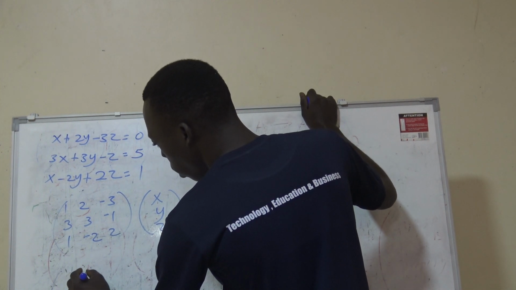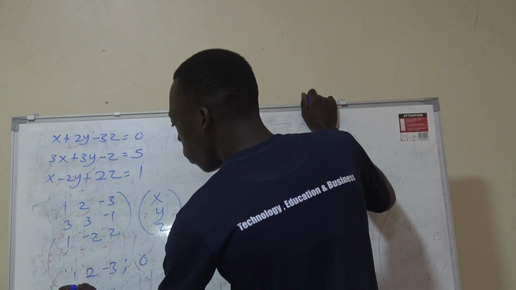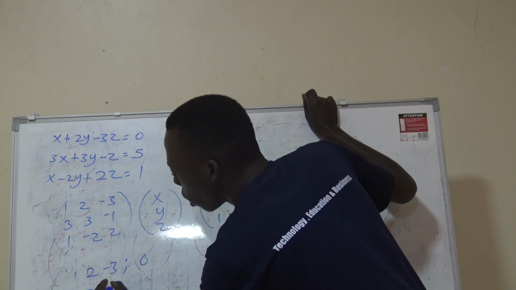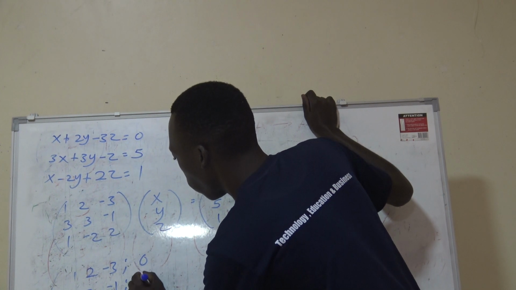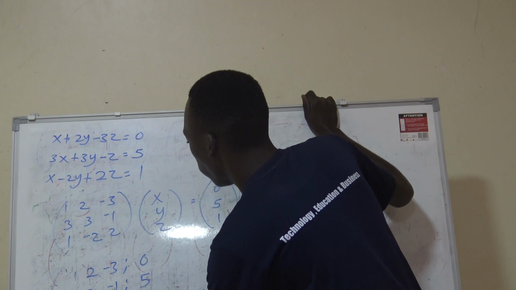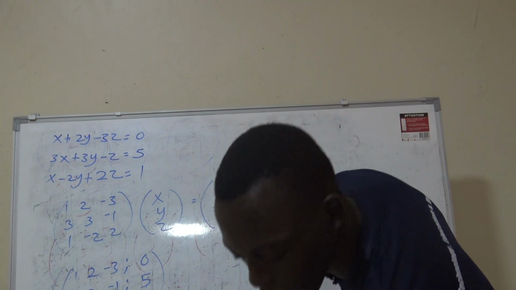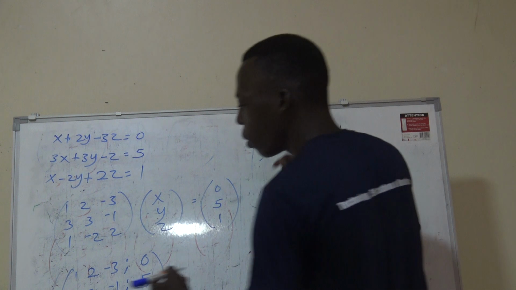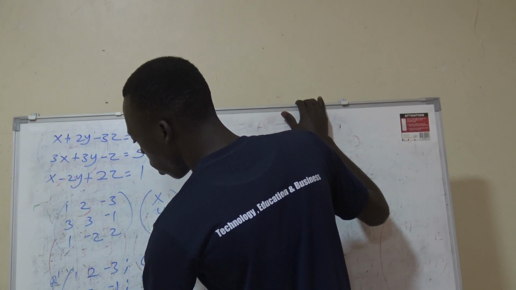Which is 1, 2, negative 3, then 0. Then this one is 3, 3, negative 1, then 5. Then 1, negative 2, 2, and 1. We call the rows R1, R2, R3.